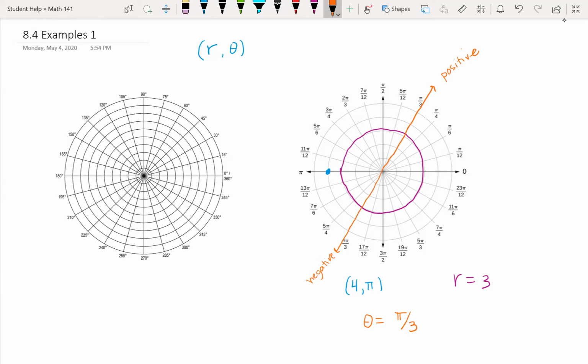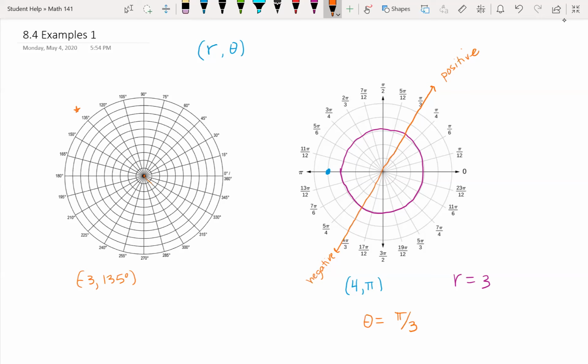The reason I bring that up is because if I were to say, going back to the side that has the degrees, if I were to graph, let's say, the point (-3, 135 degrees), I go to where 135 degrees is over here, but then from the origin, I'm not going to go toward the angle, I'm going to go in the negative direction away from that angle.